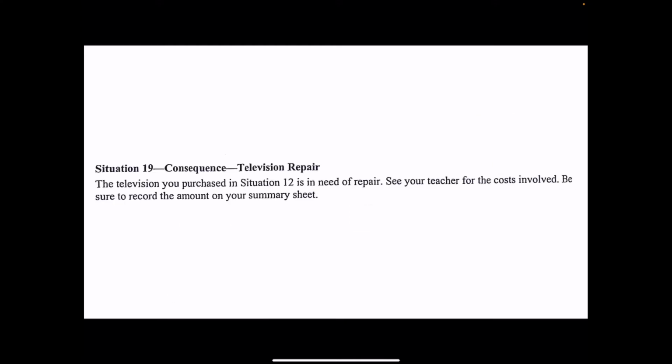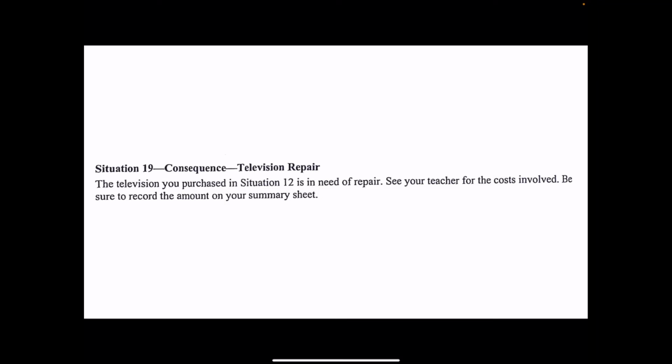Situation 19 is a consequence with the television that you purchased in situation 12. So look at situation 12. Figure out your choice there. If you remember from situation 12, choice A was a well-known brand television, B was a store brand, and C was the unknown brand. But when you look at that, you will have some consequences because it's in need of repair.